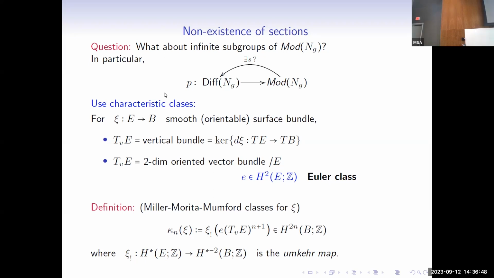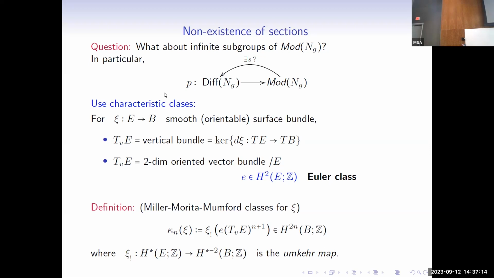So this is the so-called vertical bundle, and it's going to be a two-dimensional oriented vector bundle over E, right? And as such, it has an associated Euler class. So from this Euler class, one can define the so-called Miller-Morita-Mumford classes for this bundle.